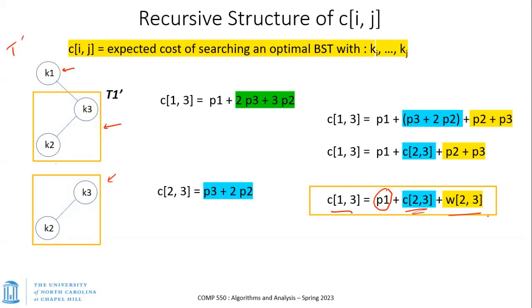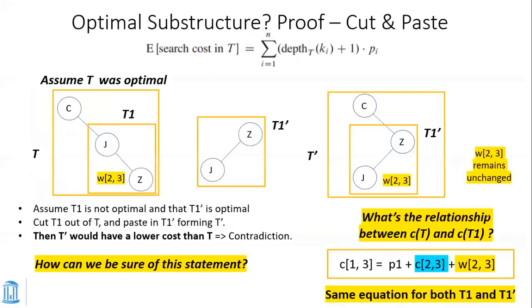So now we've got a nice little equation which is going to be true in both cases. This particular equation is true regardless of whether you're looking at T1 or T1 prime. Either you pick T1 over here or you pick T1 prime. In both cases, this particular equation is true.